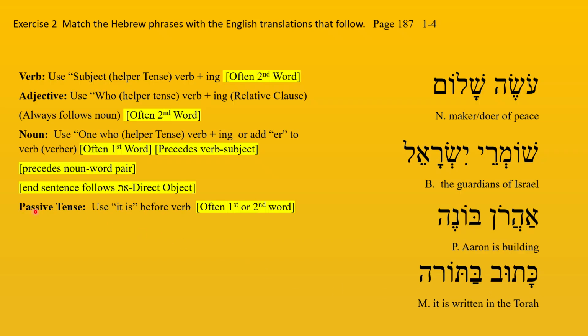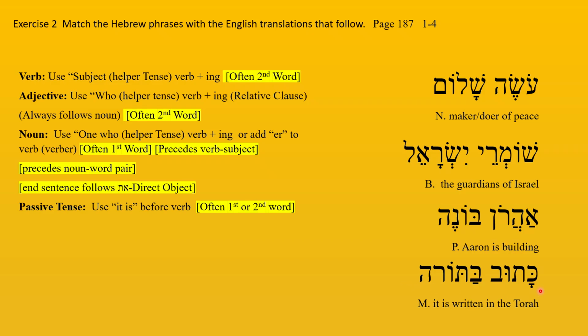So going over here to this information, if you have a passive participle, use "it is" before the verb. So it is written. You can't use the -ing ending. Oftentimes you'll make this a past tense form of the verb, or use -en or -ed ending. It is written in the Torah.